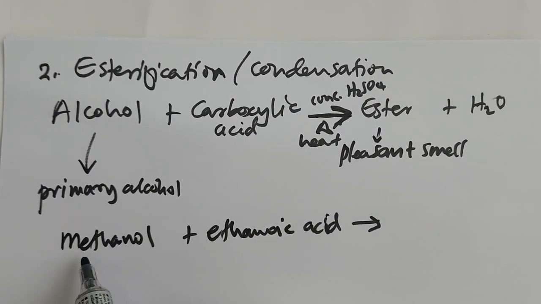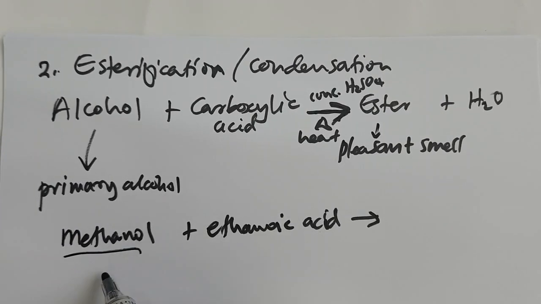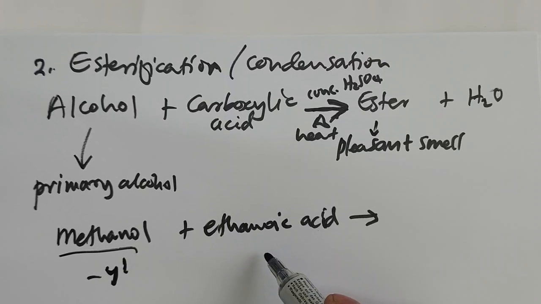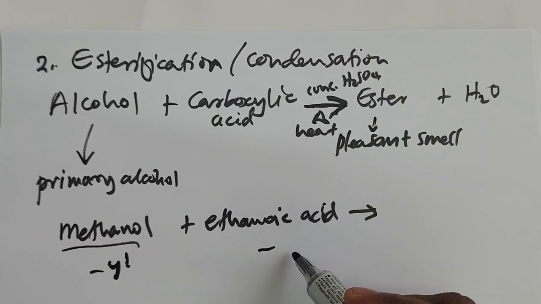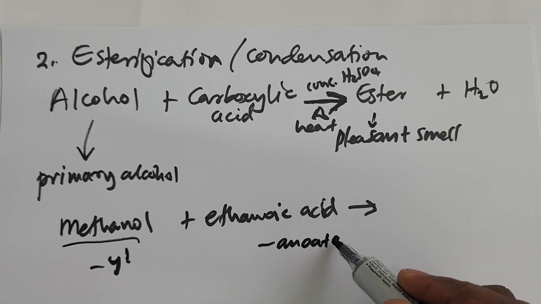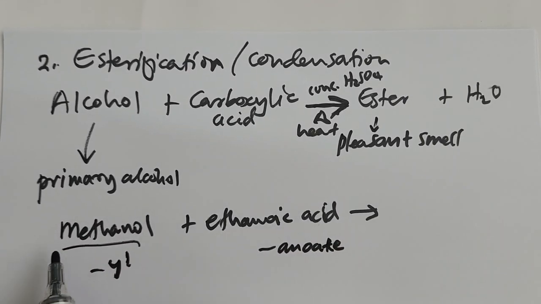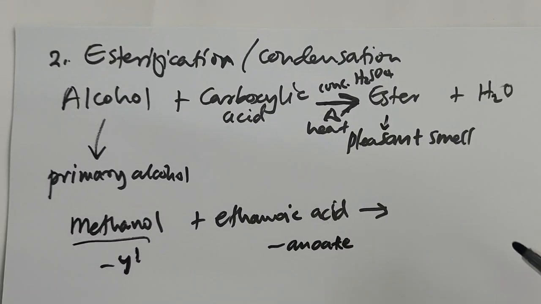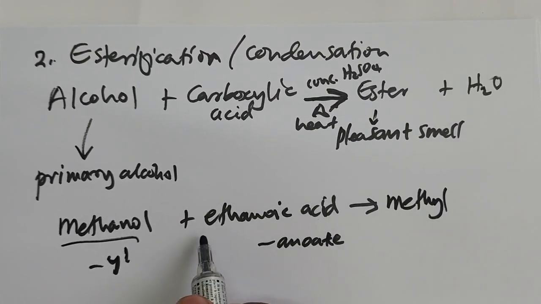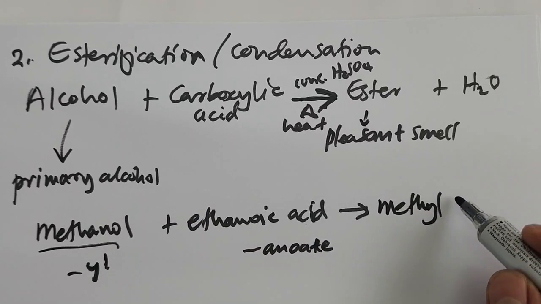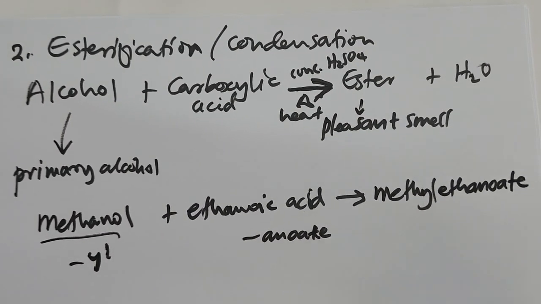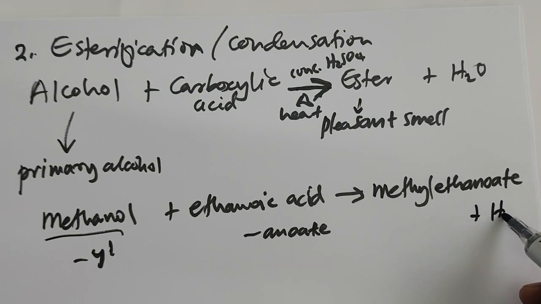The alcohol will take the alkyl group, which ends with "-yl", whereas the acid will take the "-anoate" suffix. The alcohol started with meth, therefore we'll have methyl, and the acid starts with eth, therefore it will be ethanoate, plus water.